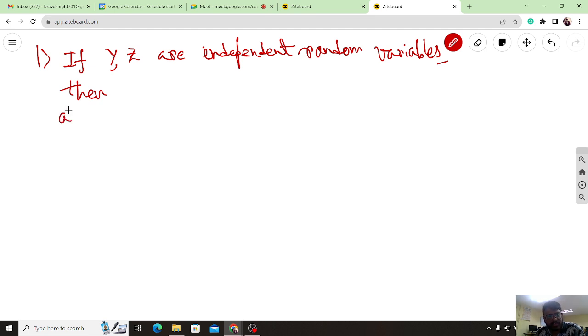So the first option is expected value of y given z is less than expected value of y.